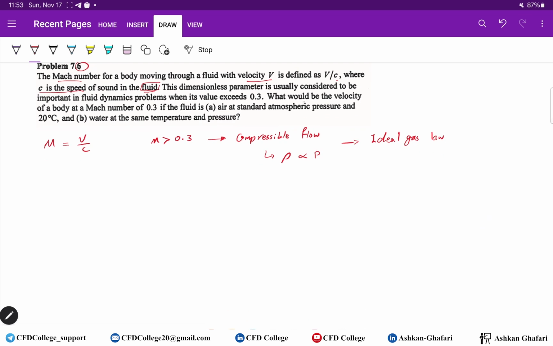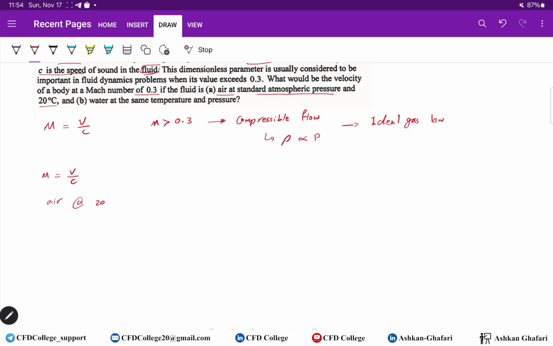What would be the velocity of a body at a Mach number of 0.3 if the fluid is air at standard atmospheric pressure and 20 degrees centigrade? So Mach number equals v over c, and for air at standard temperature and pressure, which is ambient atmospheric pressure and 20 degrees centigrade, the speed of sound is 343.3 meters per second.